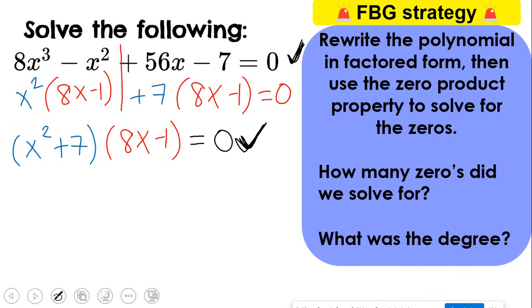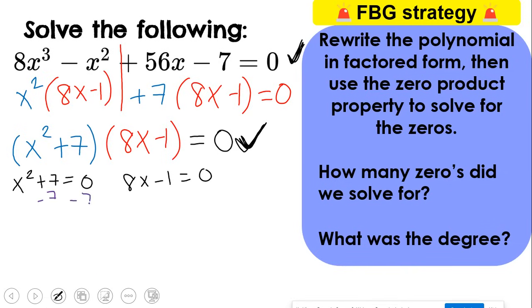This is important because I need to use the zero product property. Since I have 2 or more things that are being multiplied and it's equal to 0, I want to figure out which one is going to equal 0 by setting both of them. Set x squared plus 7 equal to 0. Set 8x minus 1 equal to 0 and solve.